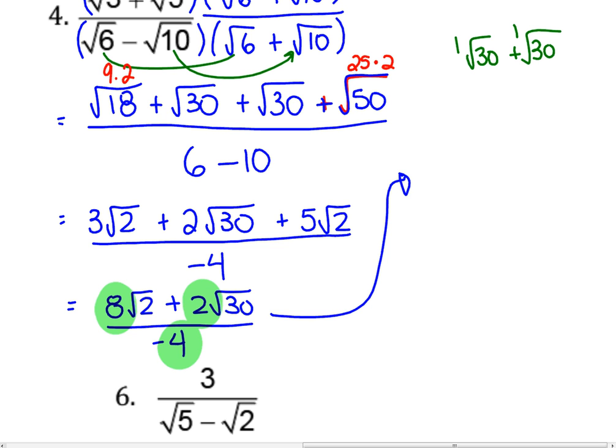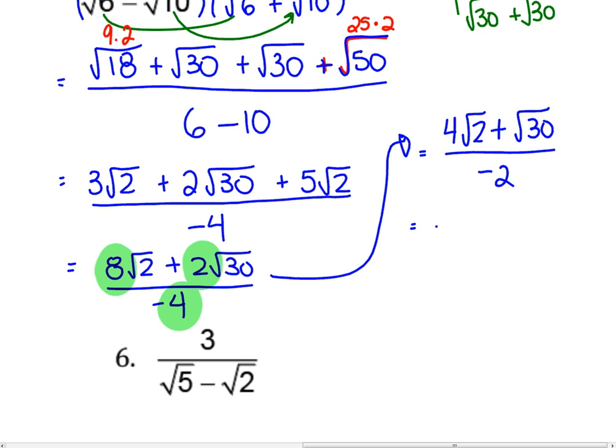Let's simplify this first. 8, 2, and 4, we can divide those all by 2. So 4 root 2 plus just root 30 divided by negative 2. So if we want to move the negative up top, and you don't have to write this next step unless you want to, what we're doing is we're putting it in front of both of these.